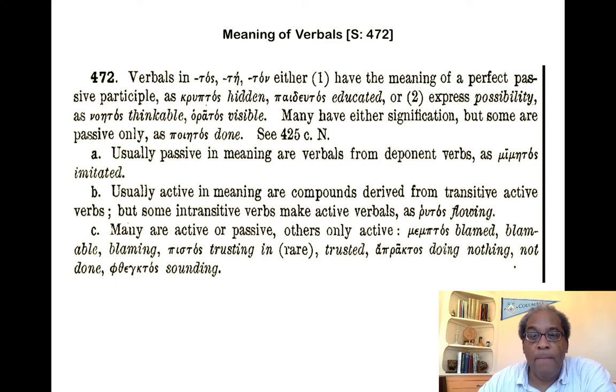Now C, many are active or passive, and others are only active. So memptos, blamed or blamable or even blaming. Pistos, trusting in, rare, but trusted most often. Apraktos, doing nothing, not done. Or plektos, striking. So again, one has to consult one's lexicon sometimes to figure out exactly what's going on with these forms.